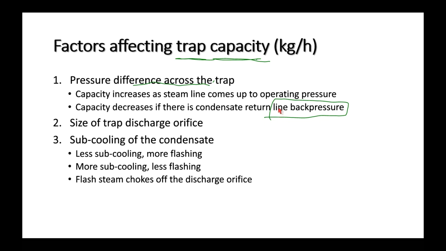But back pressure obviously affects the capacity, and it's important that we know the capacity of a trap increases as the steam line warms up. And as the steam line warms up, it comes up to pressure. As the operating pressure increases, then of course the delta P across the orifice of the trap increases, and it will be able to relieve a greater amount of condensate.